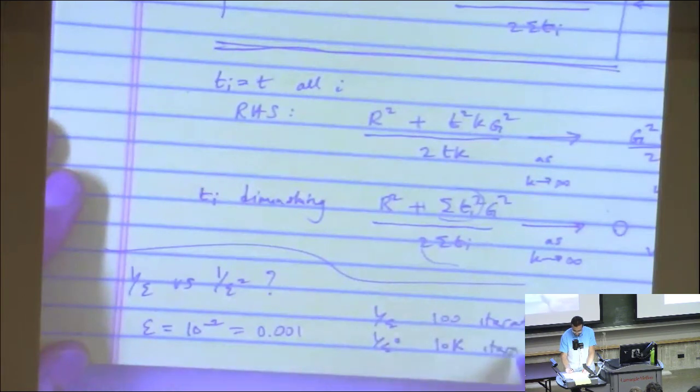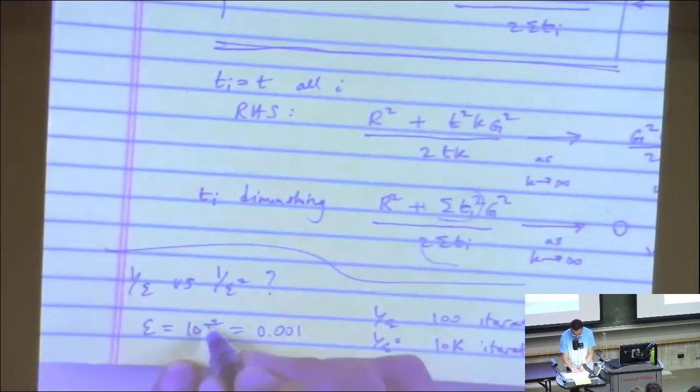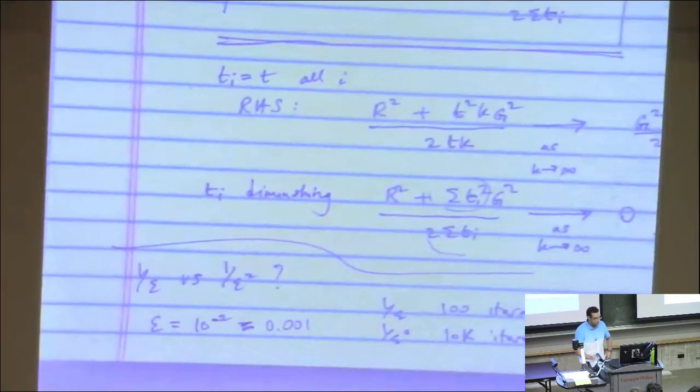If the constants in these two rates were somewhat similar, that's a very big difference in terms of how fast we can converge to accurate solutions.